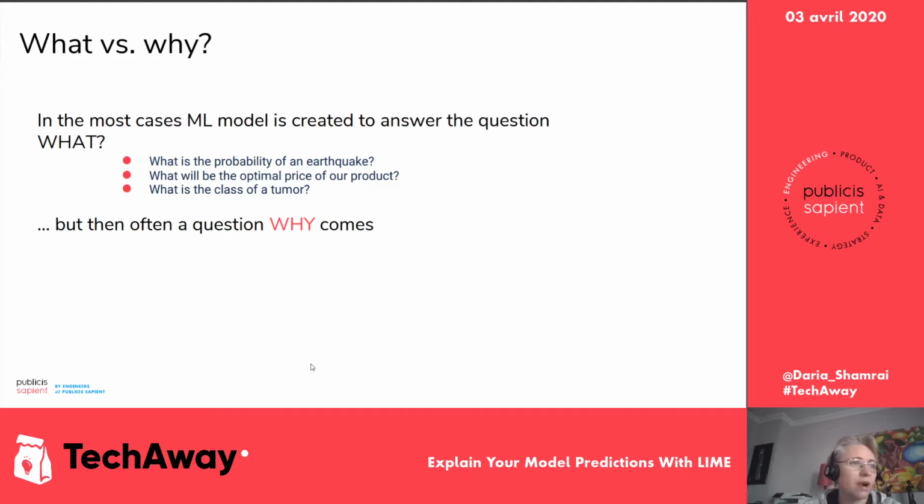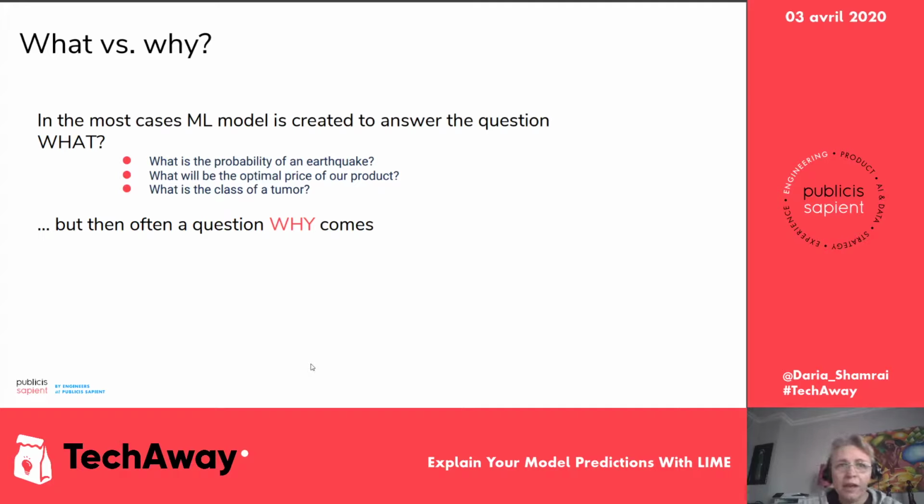What is the optimal price for our product? What is the class of a tumor? What is the diagnosis of the patient? And so on and so forth.